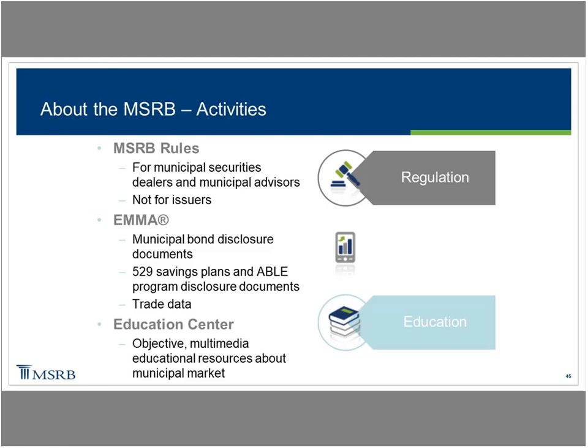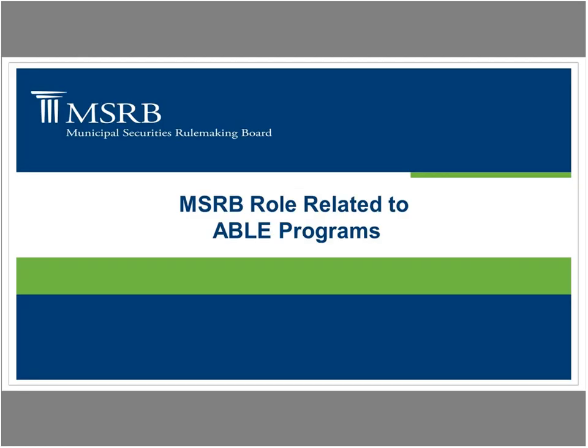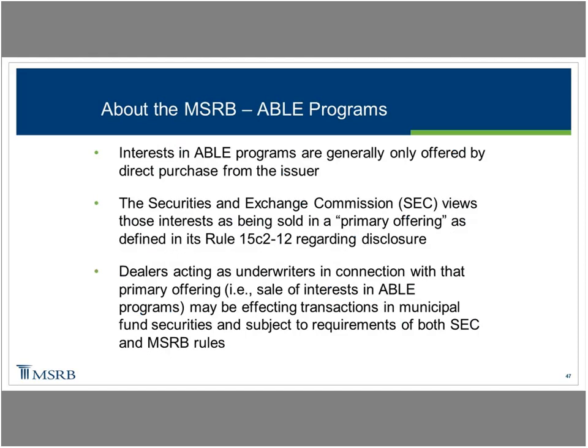So now we'll talk a little bit more about how all of this really relates, how the MSRB's role relates to ABLE programs. You can see in the coming slides that interests in ABLE programs are typically really only offered by direct purchase from the issuer, and that the Securities and Exchange Commission, which is the principal regulator of the securities market, views those interests in ABLE programs as being sold in specifically defined primary offerings under SEC rules.